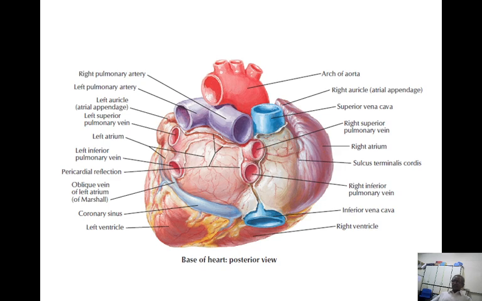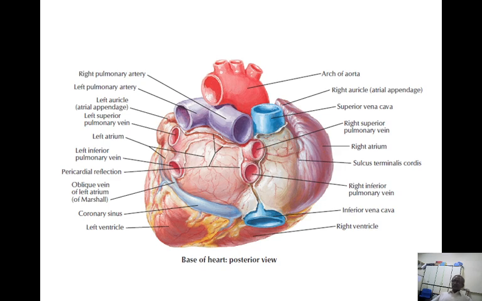Then on the right side we have the right atrium, the superior vena cava and inferior vena cava. So this is the border. And then in the inferior surface we have the left atrioventricular groove, wherein we have the coronary sinus.